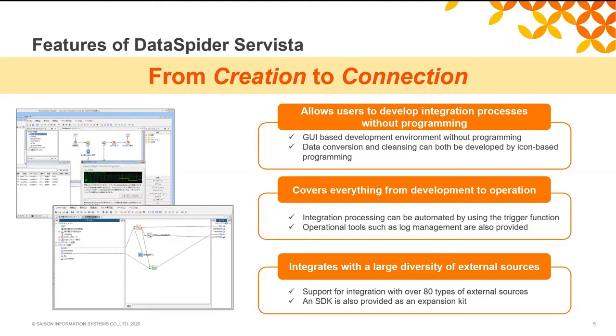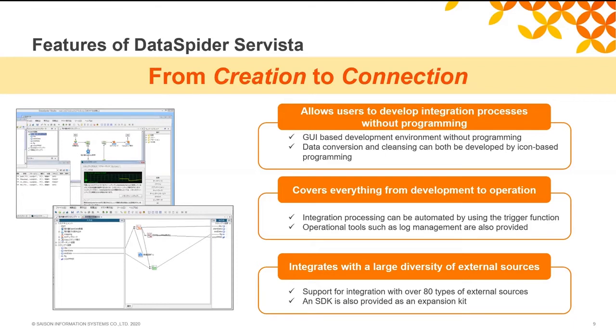The first feature is that you can develop an integration process without programming. DataSpider uses a GUI for creating an integration process flow, so you can easily configure data input-output conversion and process with a mouse. With this, building a data integration process can be done even by a person who is not a skilled programmer. The second feature is that it has full functions covering development to operations.